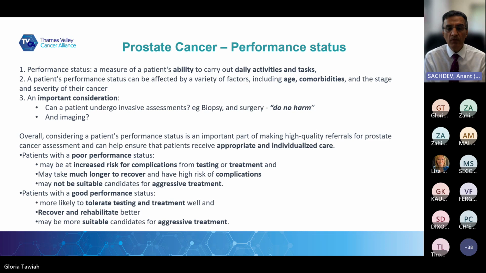The question I really want you to be asking when you're considering doing a referral or a test is the do no harm ethos. As physicians and clinicians, we must not do harm to patients.